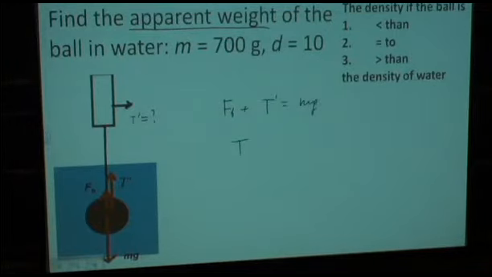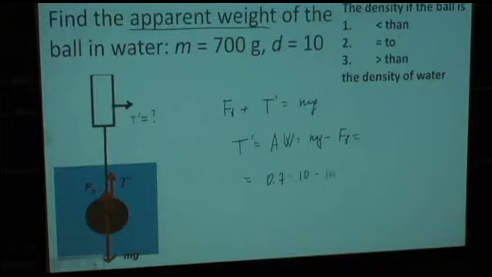So the apparent weight we're looking for, which has the same magnitude as that reading, should be equal to mg minus buoyant force. m is 0.7 kilograms, g is 10.